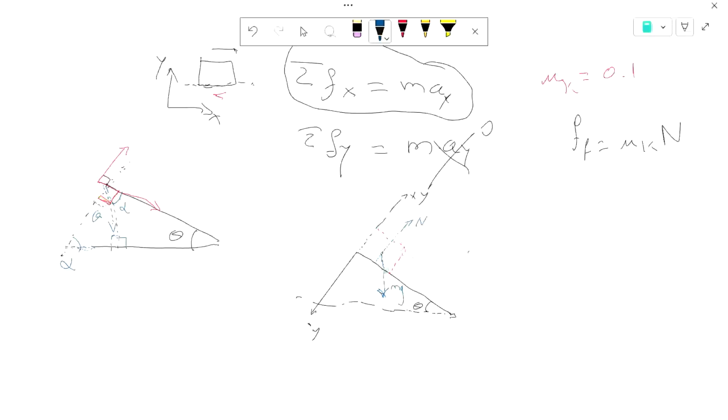Okay, so if you take this part right here, this is exactly what I was mentioning over here. So we can name this angle right here alpha, and we know that alpha plus theta equals 90. And this is our 90 right here.